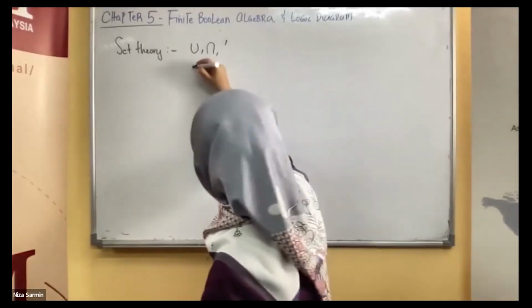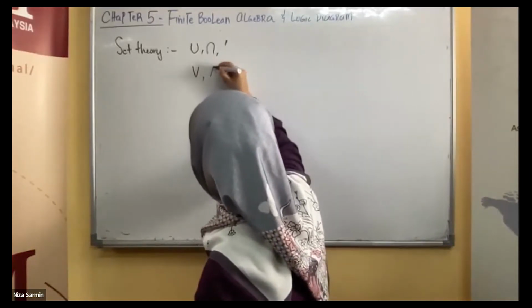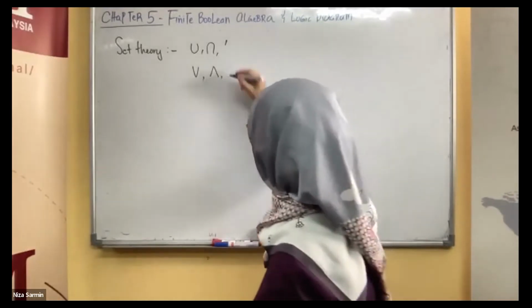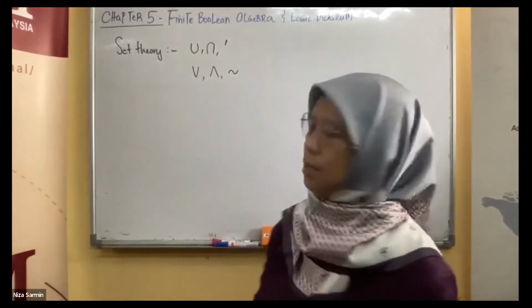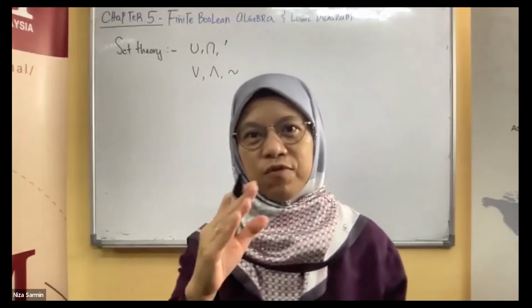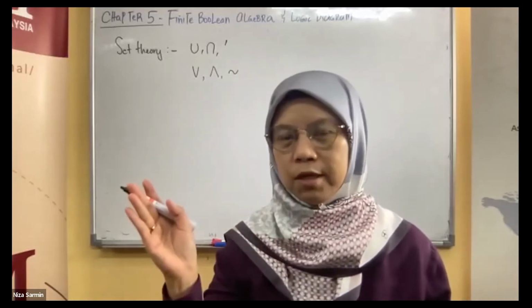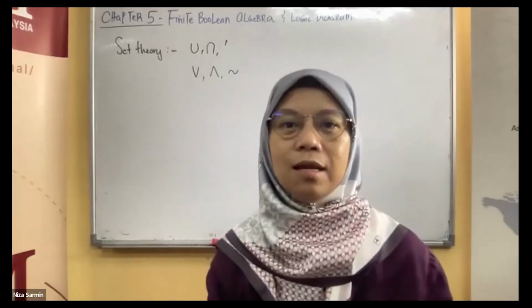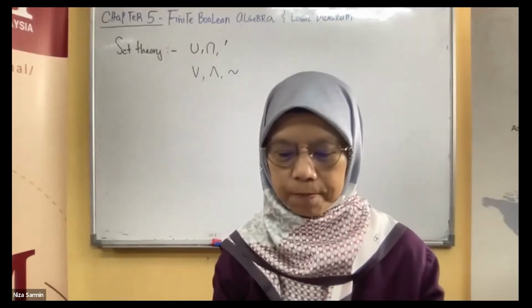You have this as OR, this as AND, and we use this as NOT. So we have union, intersection, complement, and we have OR, AND, and NOT. We have seen this before.